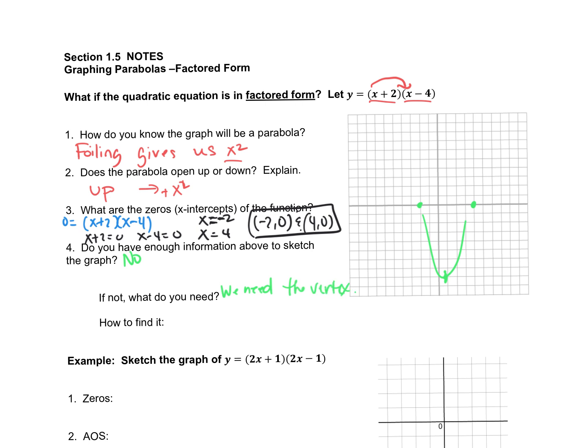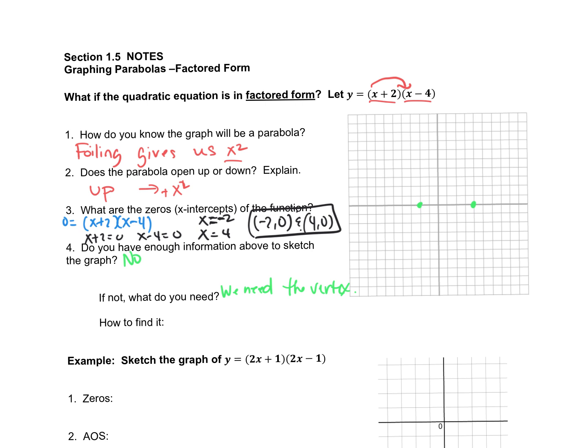If you think about how to find that vertex, we know that parabolas are symmetric. You can fold it, and if you fold on top, they're exactly the same from one side to the other. Well, that folding line for us is the axis of symmetry. The axis of symmetry cuts this thing in half.